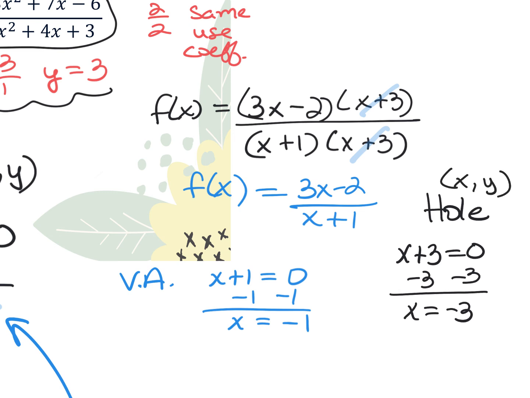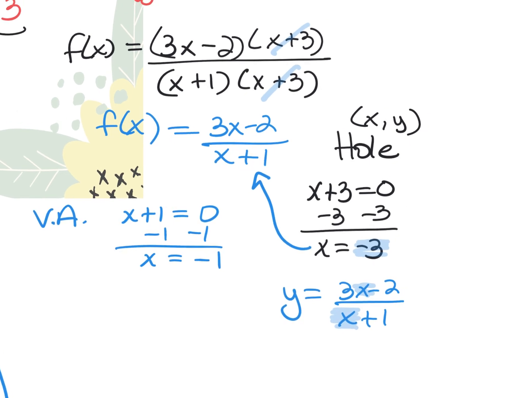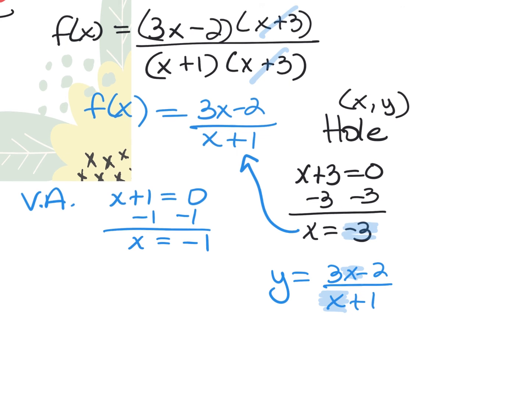So now I take that x equals -3 and plug it into my simplified function, y equals 3x minus 2 over x plus 1. Again, I'm plugging in -3 for each of these x's. I'm trying to find the y of the ordered pair.